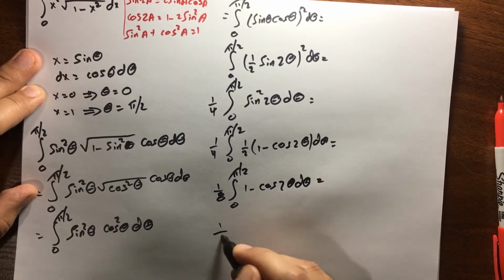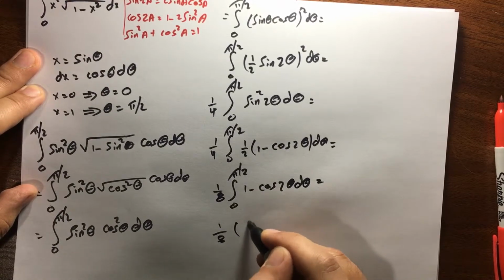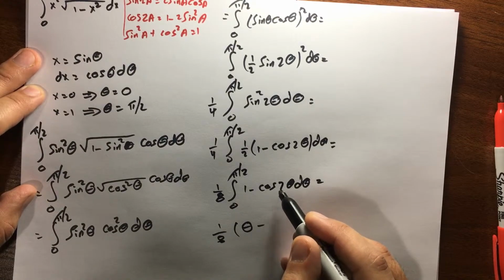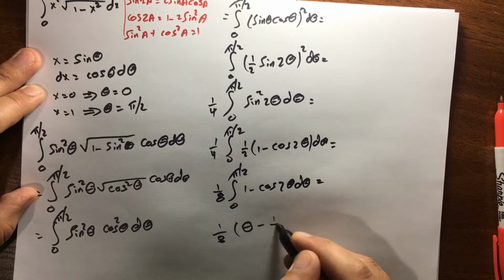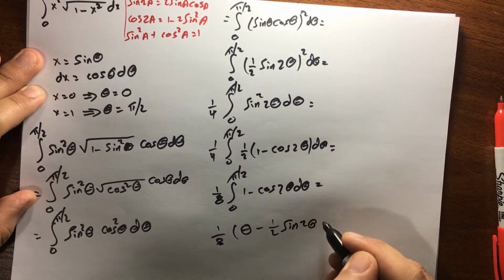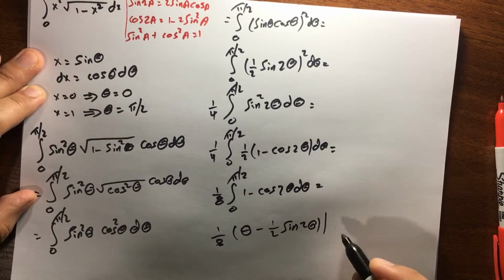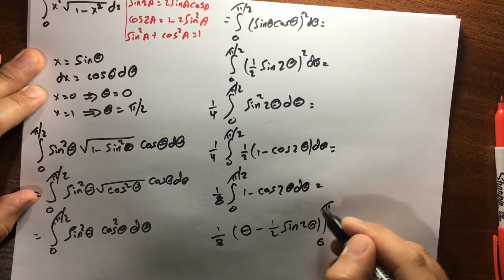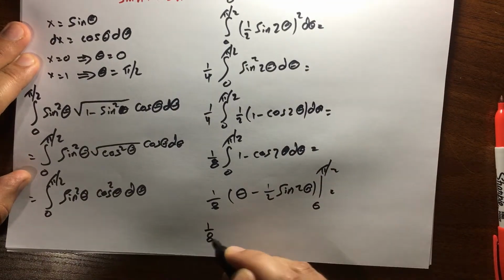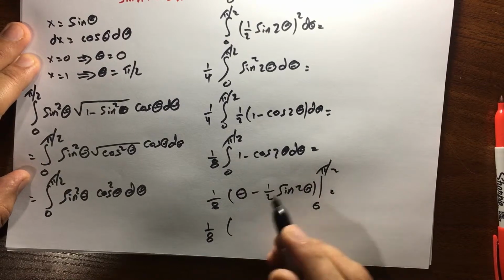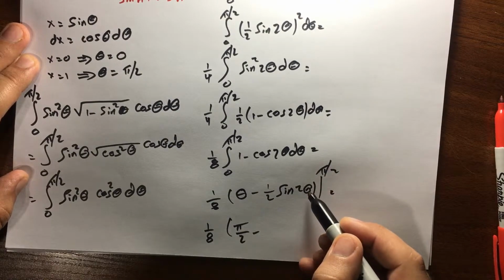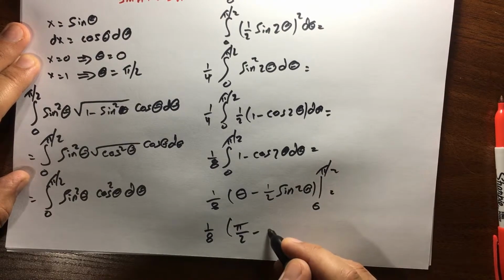This equals 1/8 theta minus the antiderivative of cosine 2 theta, which is 1 half sine 2 theta, from 0 to pi over 2. So this equals 1/8 theta at pi over 2, minus sine 2 times pi over 2, which is sine pi, which is 0.